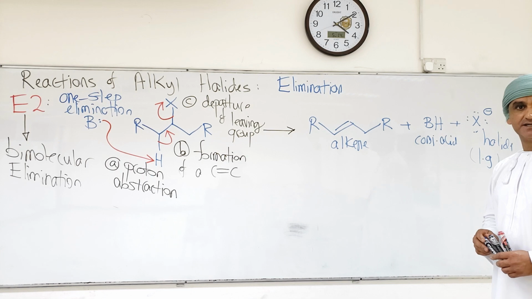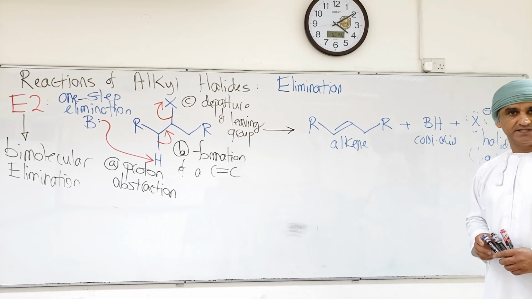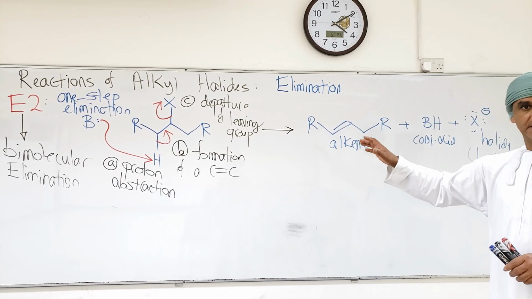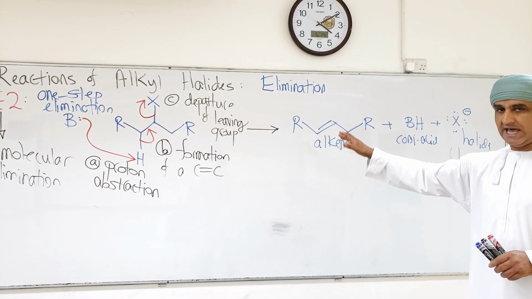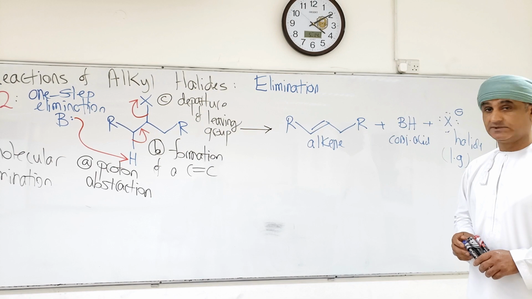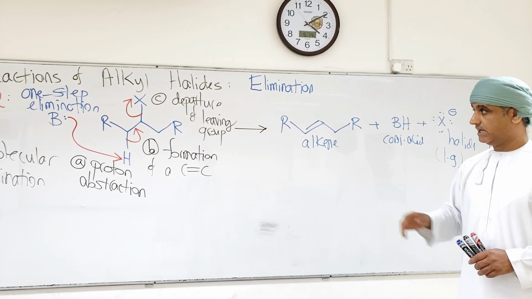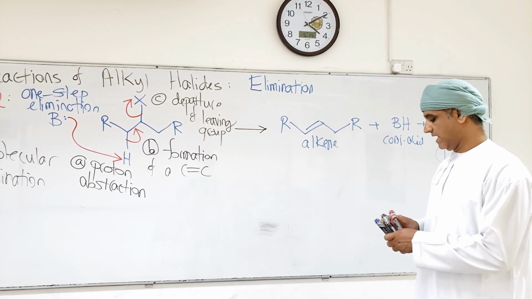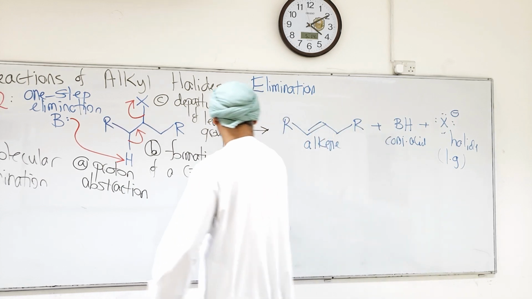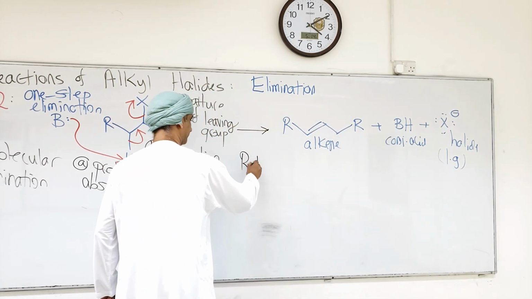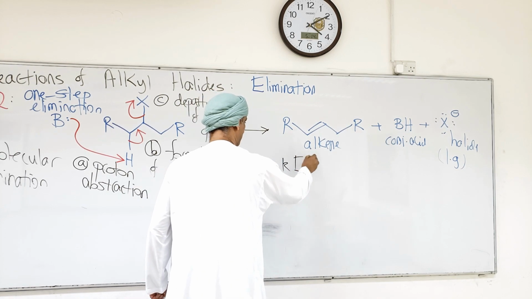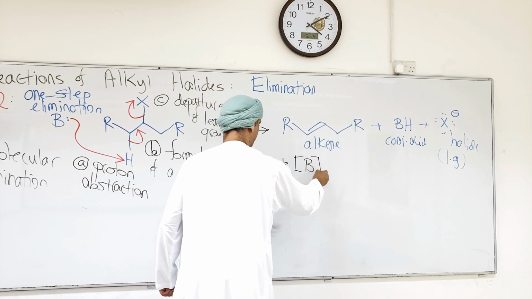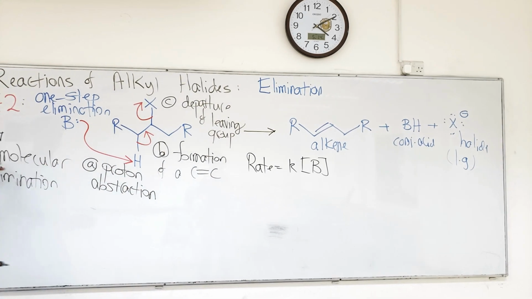The E2 mechanism is a one-step elimination reaction where the three events of elimination, proton abstraction, formation of a carbon-carbon double bond, and departure of the leaving group, take place at the same time. It is second-order kinetics, so the rate of the reaction will depend on the concentration of both molecules.